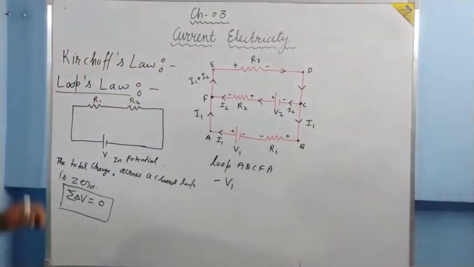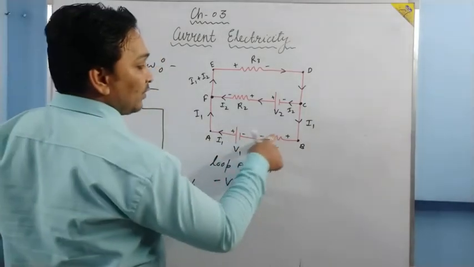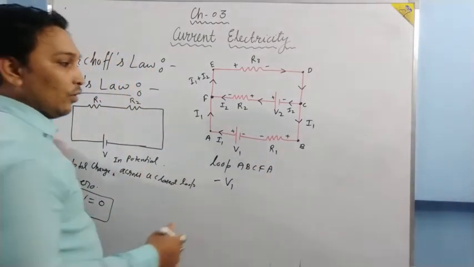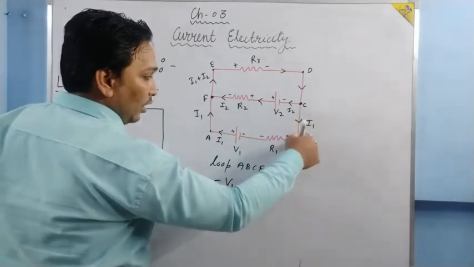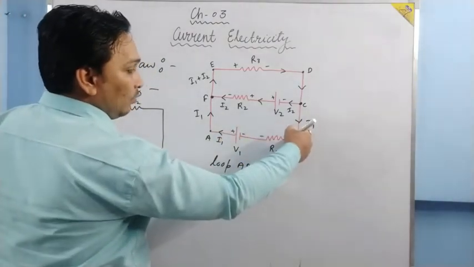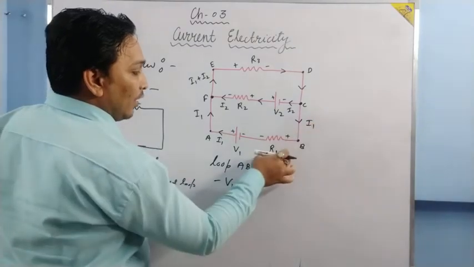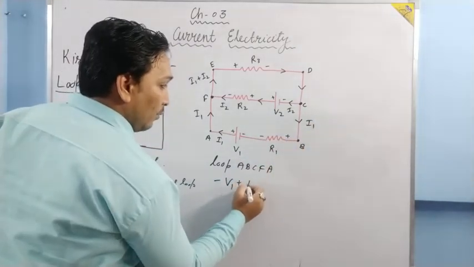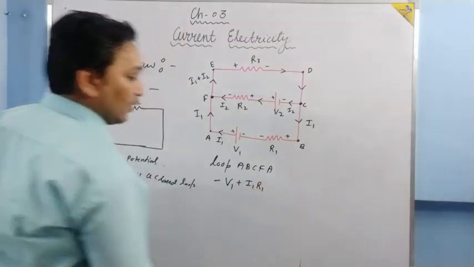Okay. Now from minus to plus we are moving, so our potential increases. So what should we write? We should write the current which is passing through R1. It is I1. Potential difference across R1 will be I1 R1. And from minus to plus we are moving, so we should write plus I1 R1.